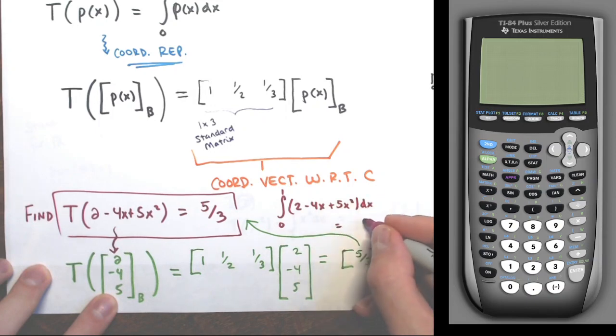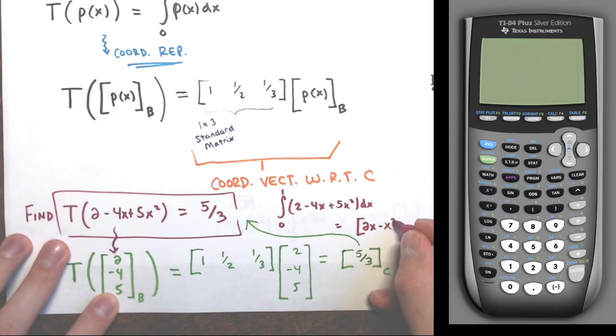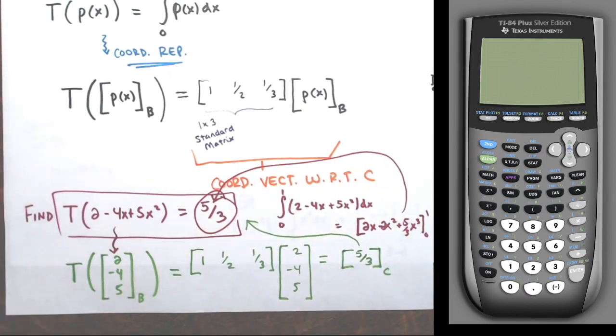This would be 2x minus 2x squared plus 5/3 x cubed. And then I plug in 1, and that'll give me 2 minus 2, that'll be nothing. So I'll have 5/3, and then I plug in 0, I get 0. So 5/3. It works.